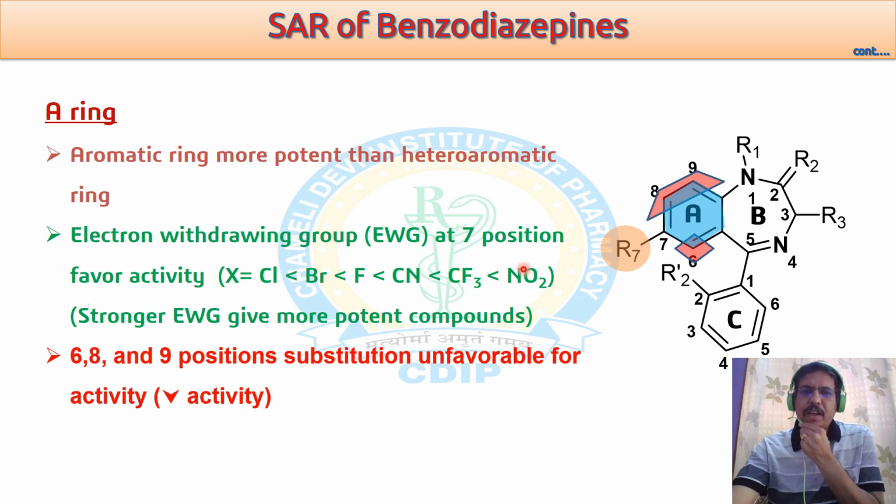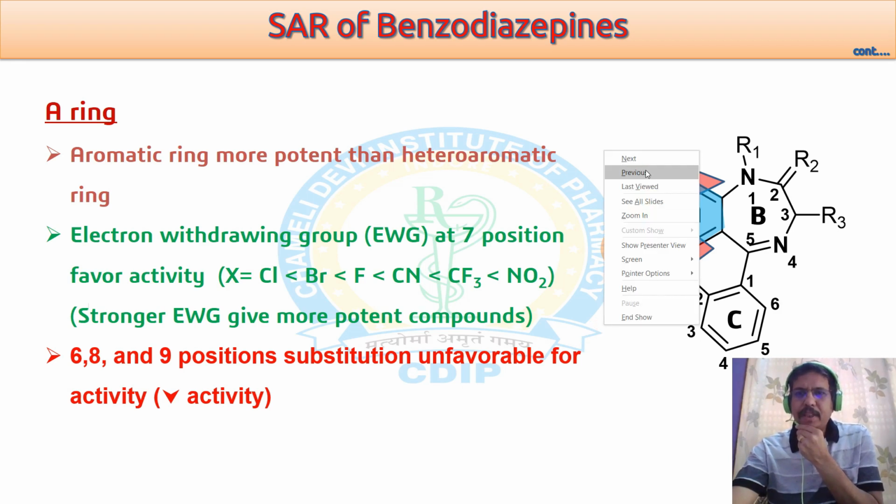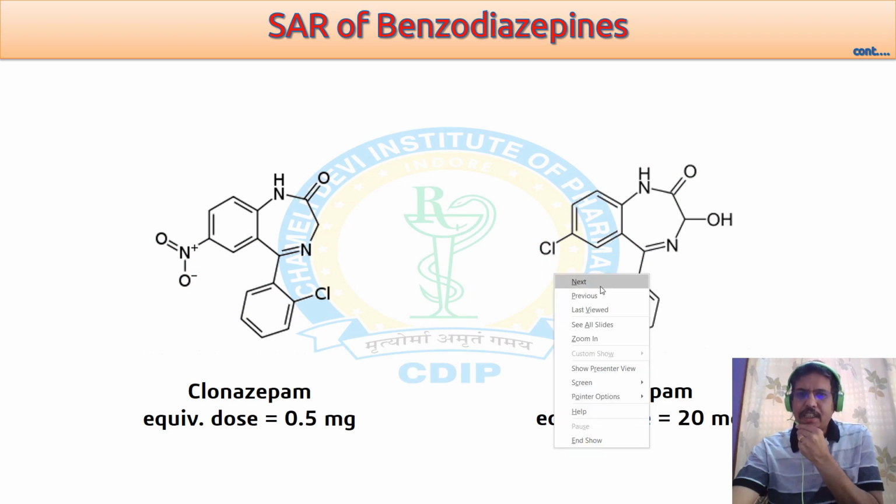So if we go for the changes by means of this nitro group, then the compound is giving somehow more potency as compared to cyano or fluoro, bromo or chloro. So we take the example of this, how these modifications change the activity.